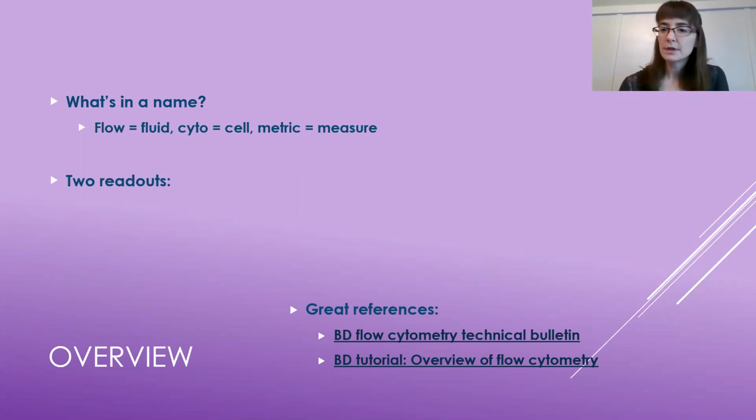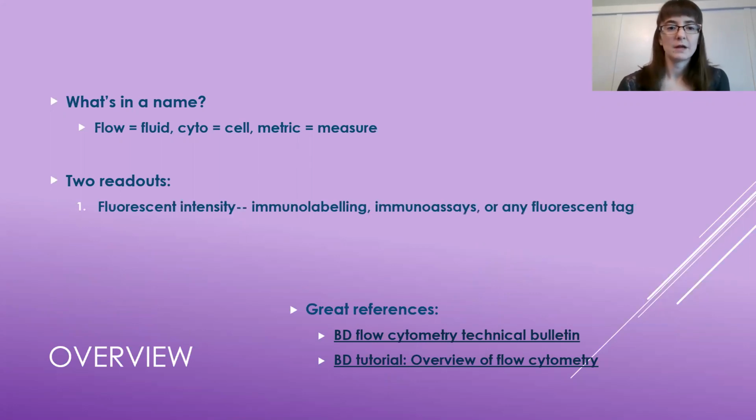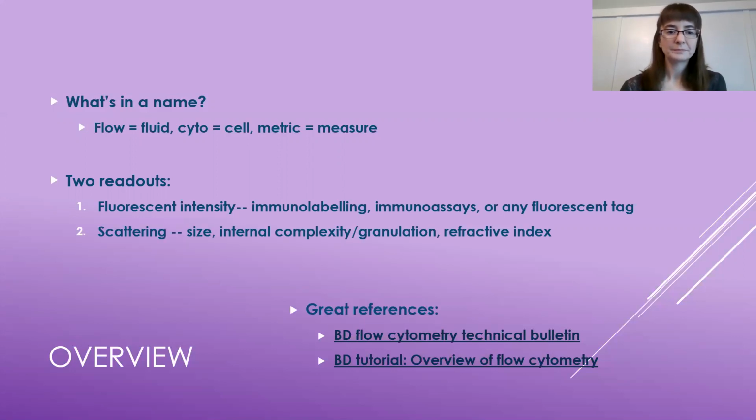And there's two main readouts that we use for this type of technology. We look at the fluorescent intensity of labels that we may have added to the cells that we're analyzing, perhaps by using a fluorescently tagged antibody or an immunoassay on a particle, or any other type of way to fluorescently label something, such as a pH reactive dye, for example.